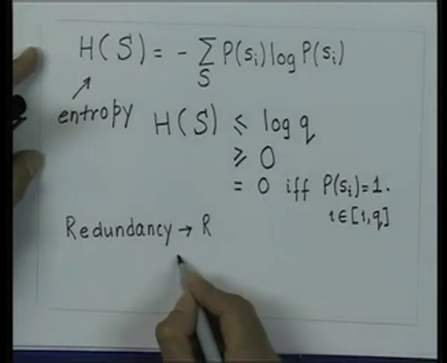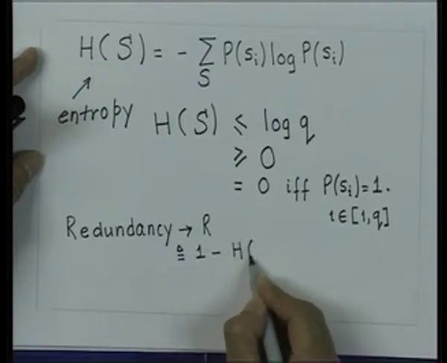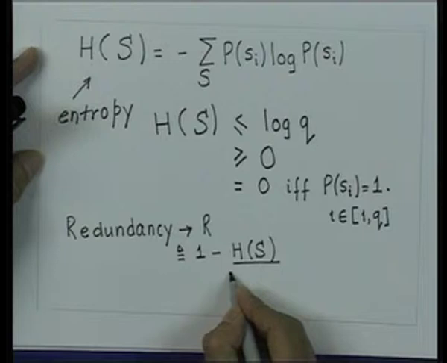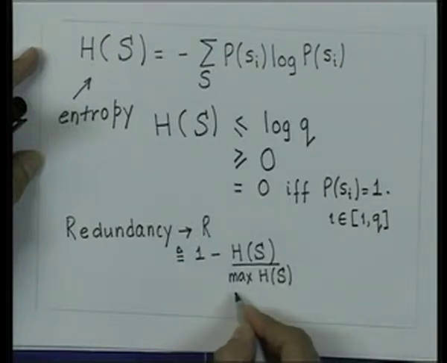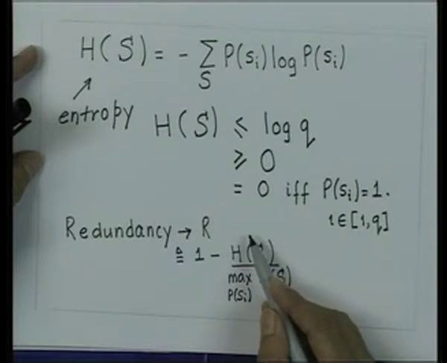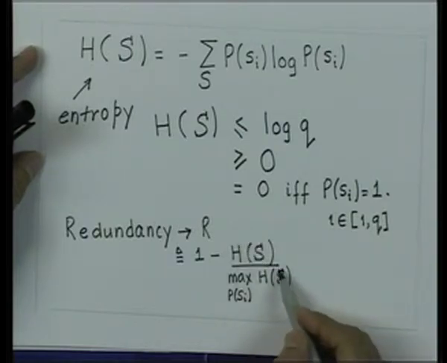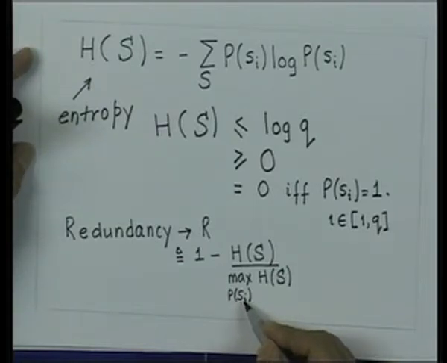The definition for the redundancy of a source is given as 1 minus Hs, where Hs is the actual entropy of that source S, upon the maximum entropy which I can get for that source S. That maximum entropy obviously will be dependent upon the probabilities of the symbols of the source alphabet.